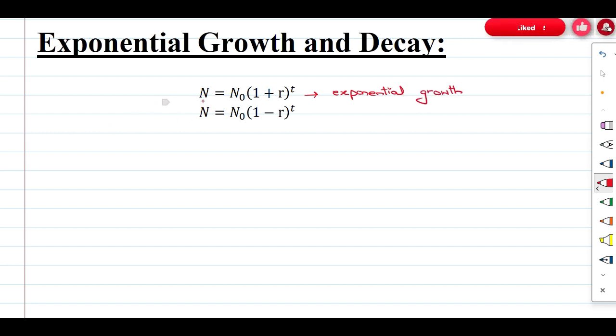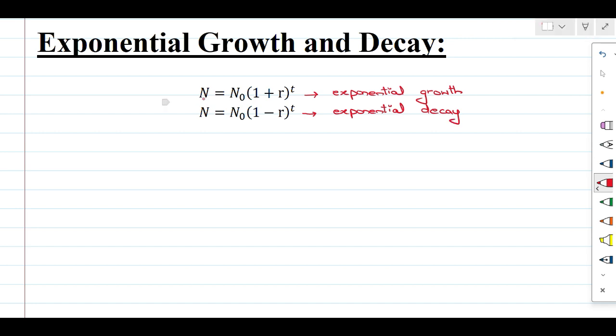The new value is equal to the initial value times 1 plus r to the power t, where r is the rate at which something is exponentially increasing or decreasing, and t is the number of years. And for decay, there is just a minus. This is exponential decay.